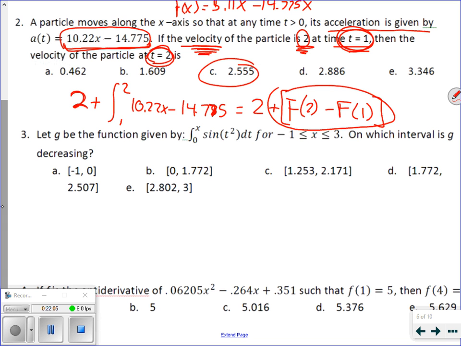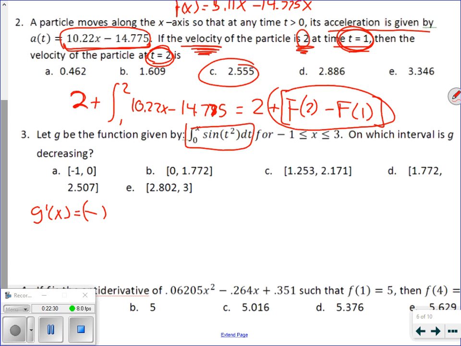And then number 3, let g be the function given by, okay, it's an integral. So g is an integral between -1 and 3. On which interval is g decreasing? Okay. Go back to your justification. g is decreasing when g prime of x is negative.